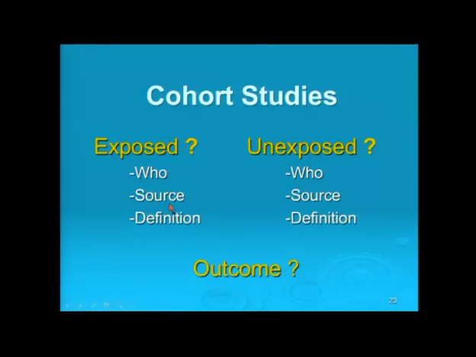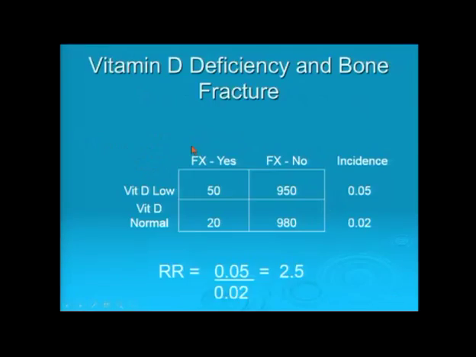Then I would follow them forward in time to see who developed a fracture. And I'd have to define what kind of fractures I am interested in: any fracture, a hip fracture, a radial fracture, that would all have to be defined.